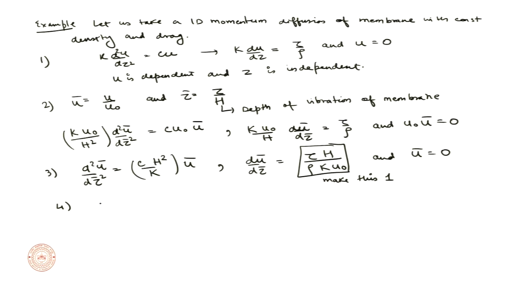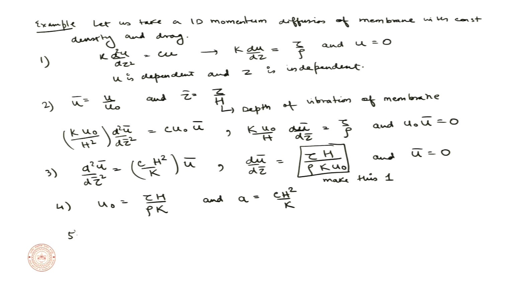So, we can judiciously select u naught equals tau h by rho k, so that this term becomes 1, and we can take a constant a, which equals c h square by k. Okay. So, c and k are constants, h is the depth for the given system.